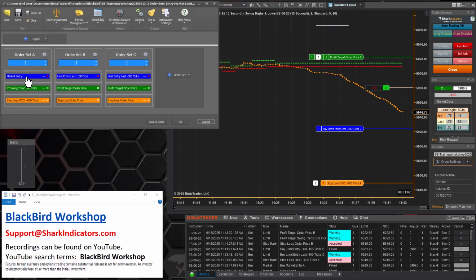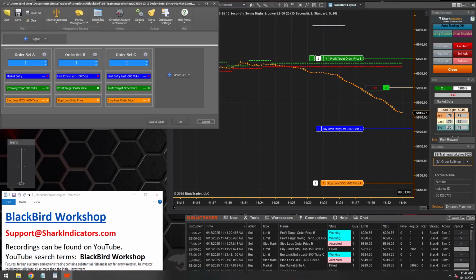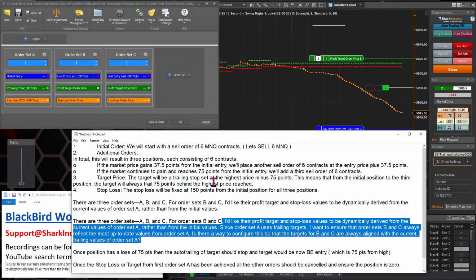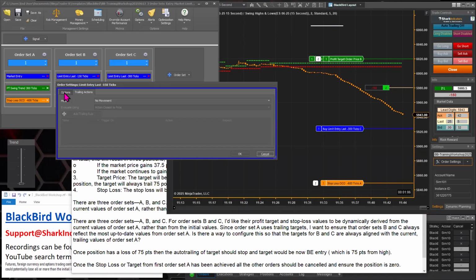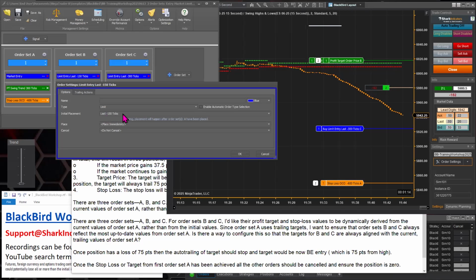The best that we can do right now to get our scale-in entry prices exactly this 37.5 points offset, and then the next one 75 points from the initial entry price, let's go to the options tab, is we are using the last price. So that's as close as we're going to get it.